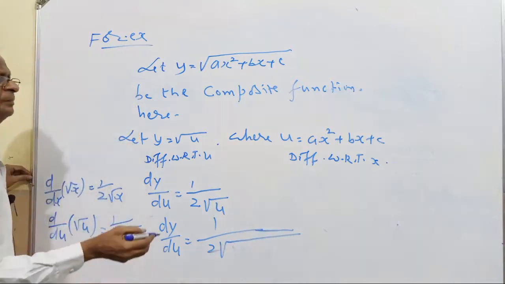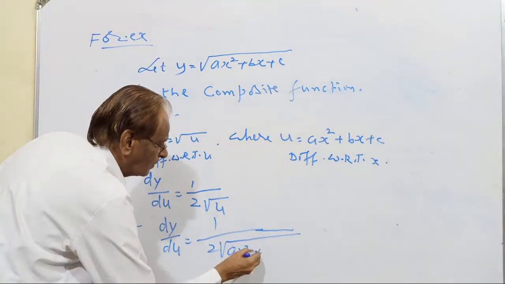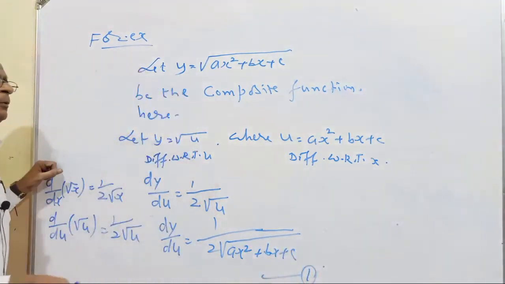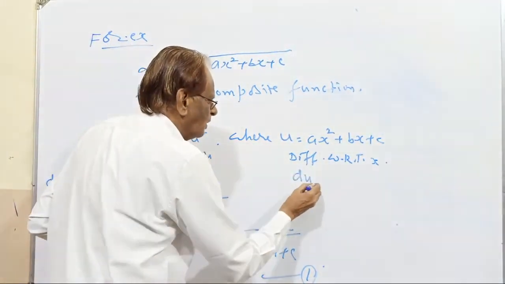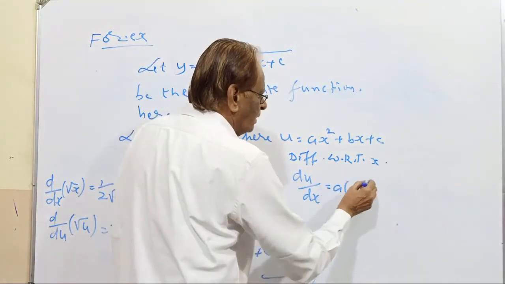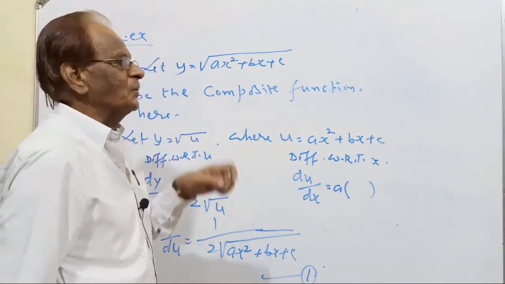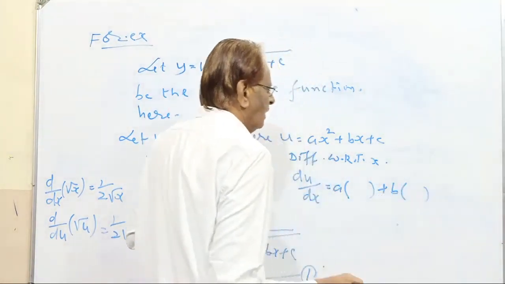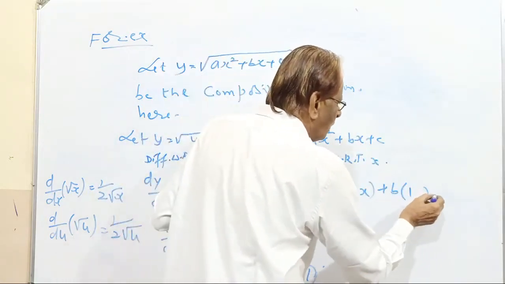So dy by du is 1 by 2 root u. Where u means ax squared plus bx plus c, put u there. Here differentiate u with respect to x. a is constant; keep the constant as it is and differentiate x squared. In the second term, b is constant; differentiation of x squared is 2x, differentiation of x is 1.